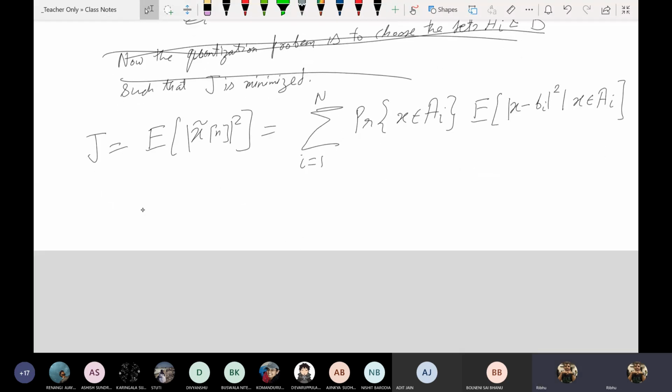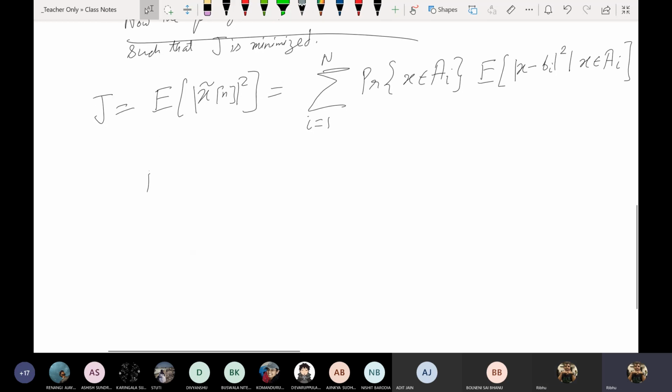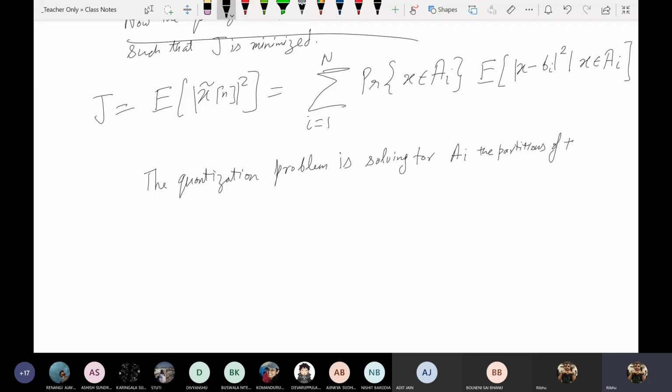And the quantization problem, I'll restate it. The quantization problem is solving for ai, the partitions of the real line, and bi, so that the error is minimized.